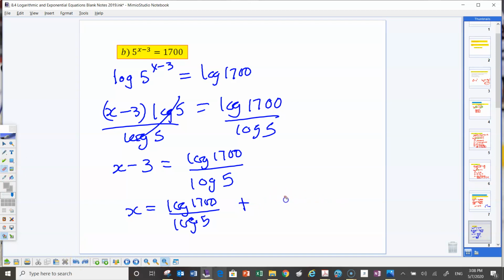So if I work this all out, I'm going to get log of 1700 divided by the log of 5, and that equals 4.621 plus 3. So my answer for x is 7.62 if you go to 2 decimal places.